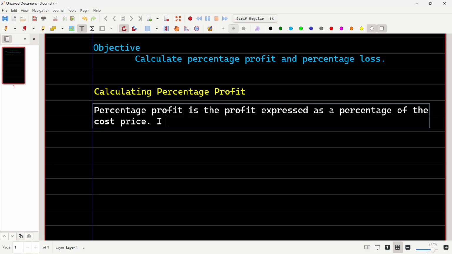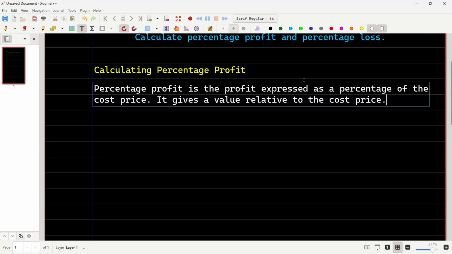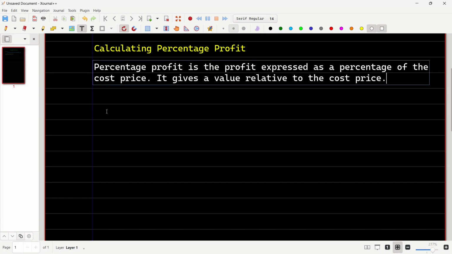It gives a value relative to the cost price that you pay for it. So you're basically finding a number to represent how much you gain in terms of your cost price. When you're required to do the calculation, let me put that formula over here.